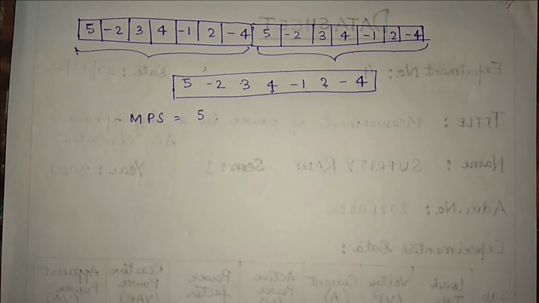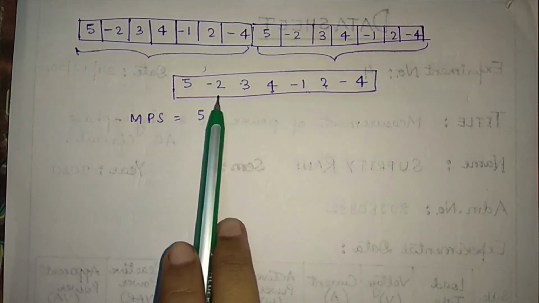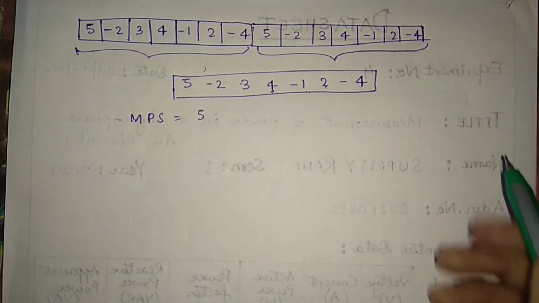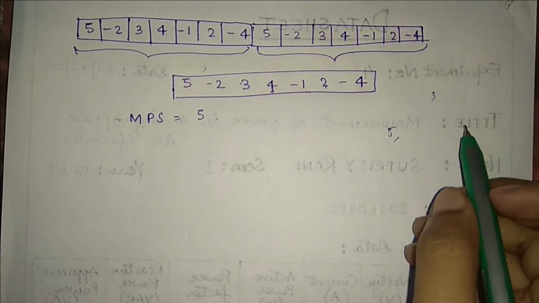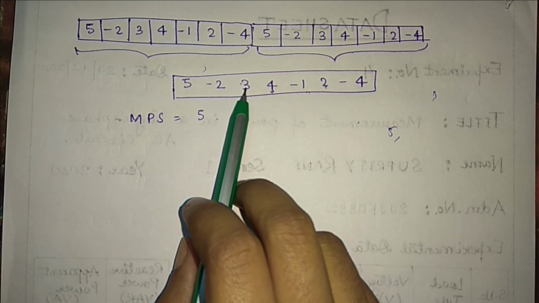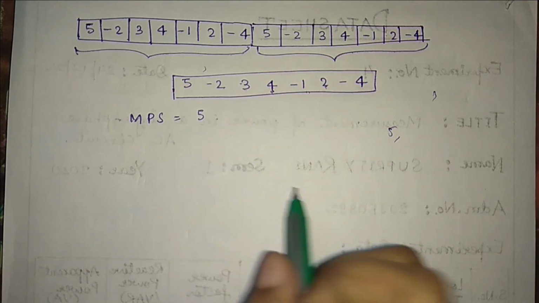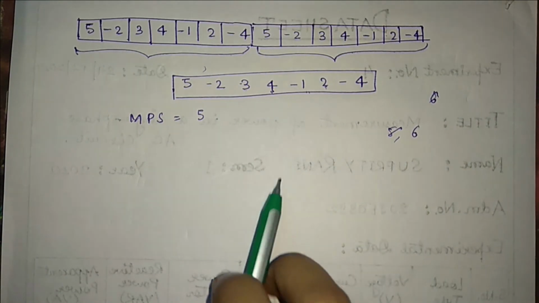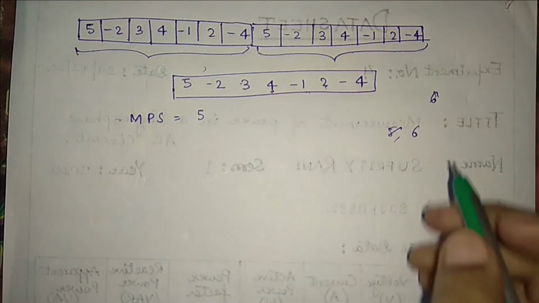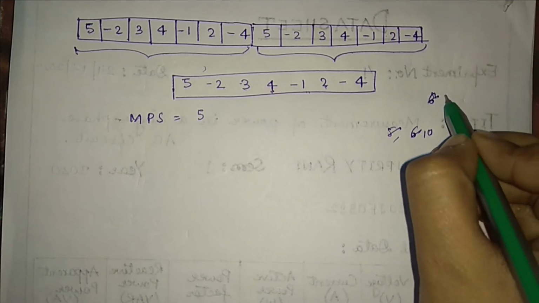How? 5, then minus 2, so the sum got 3. After that minus 3 came, so our sum got 6. So this is updated to 6. After that 4 came, so it is updated to 10.